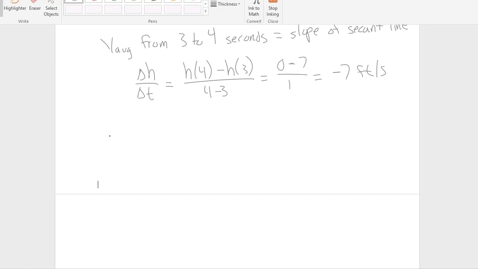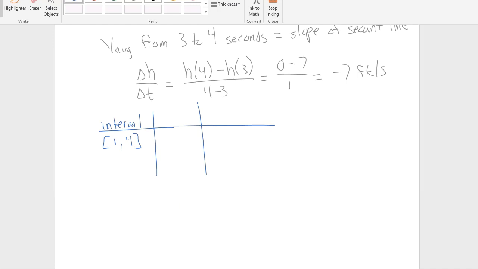So to fill in my table, we're going to look at our interval. In our first problem, our interval was from 1 to 4 seconds. When we found the slope of that line, there were a couple things that we did.